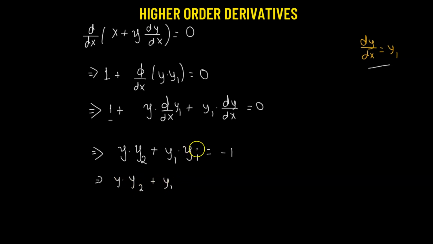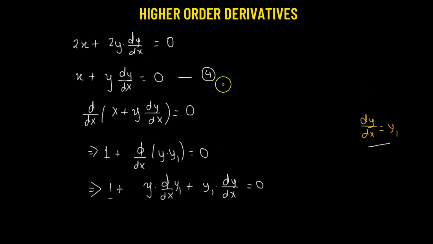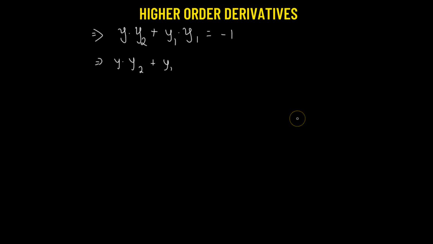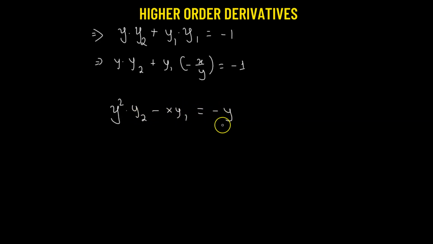In place of y1, from equation number 4 we can rearrange to get dy over dx, which is y1, equals negative x divided by y. Let's substitute this in place of y1, multiplied to negative x over y, equals negative 1. Now we'll multiply throughout by y. That gives us y squared times y2 minus x times y1 equals negative y.